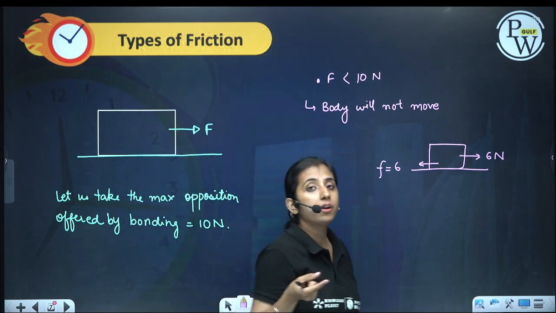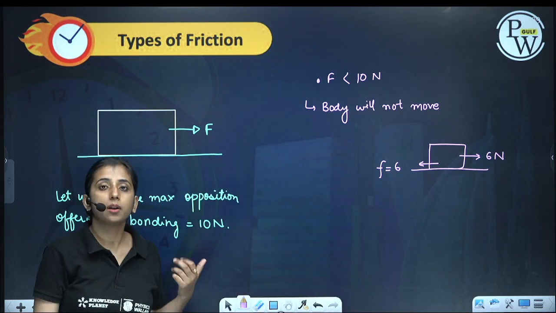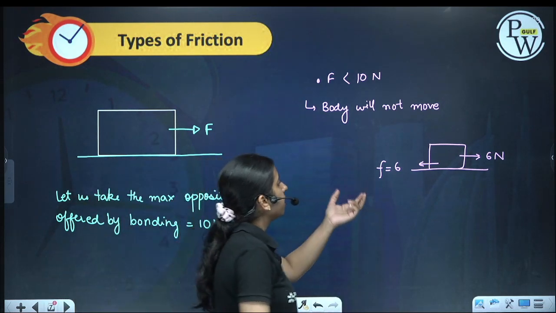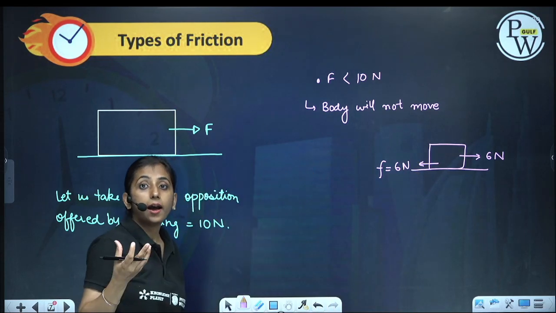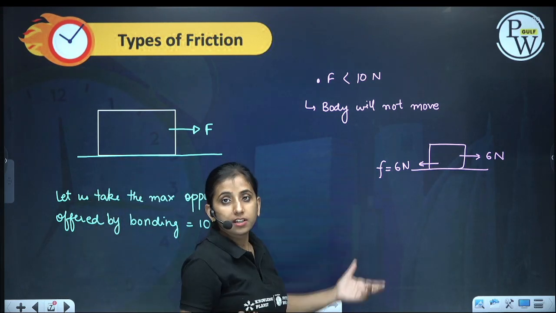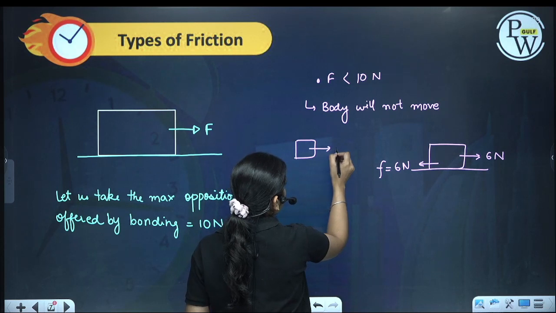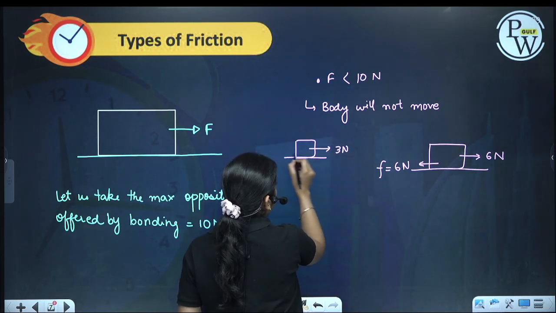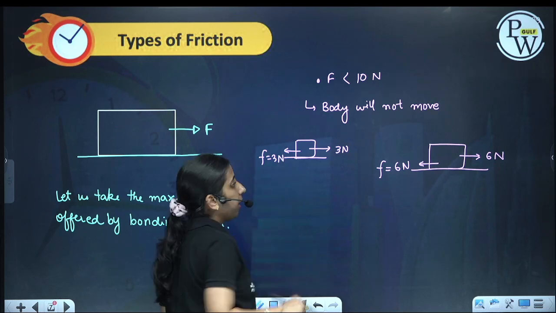There is a backward force acting on the body, equal and opposite. So friction will be 6 Newton. If I apply a force of 3 Newton forward, then frictional force will be 3 Newton backwards.